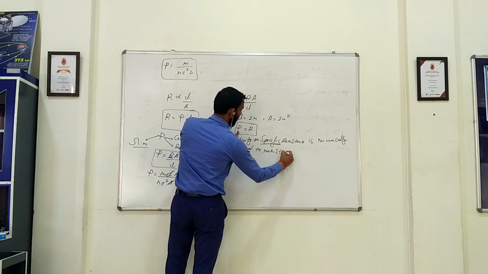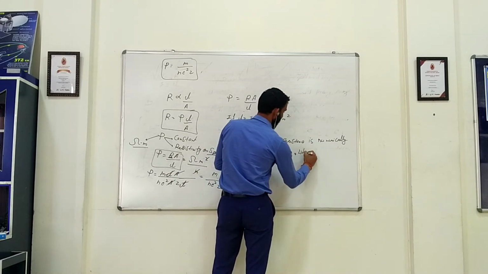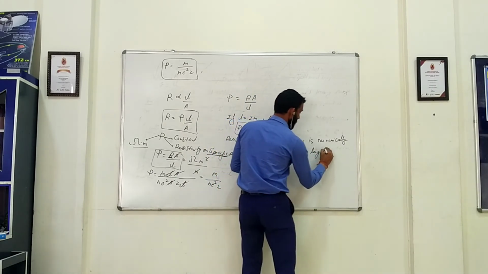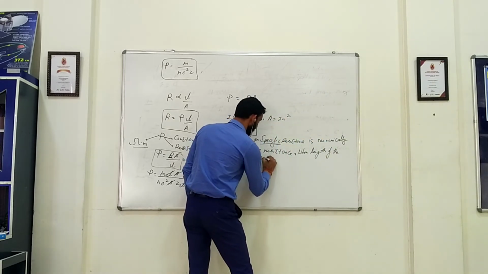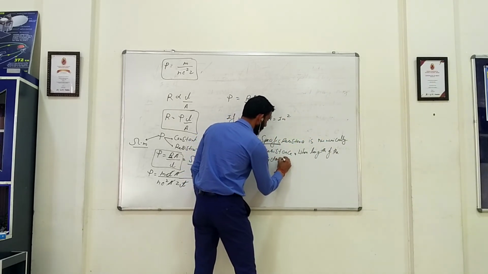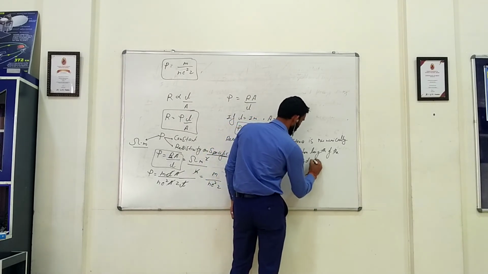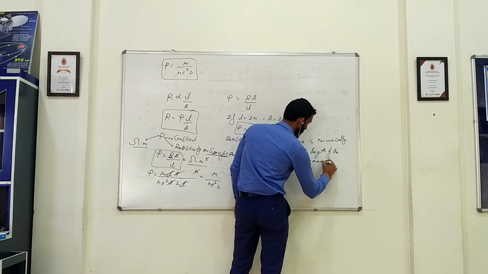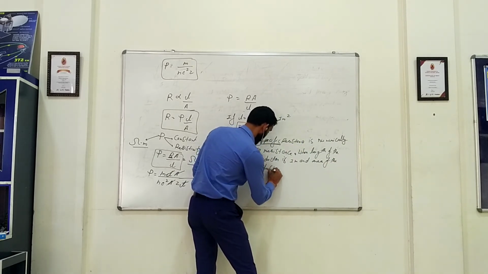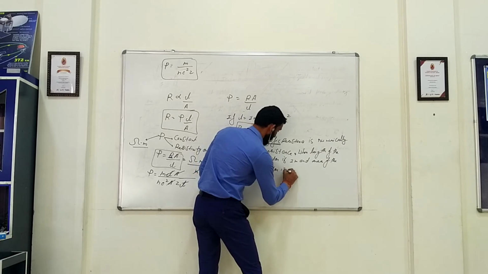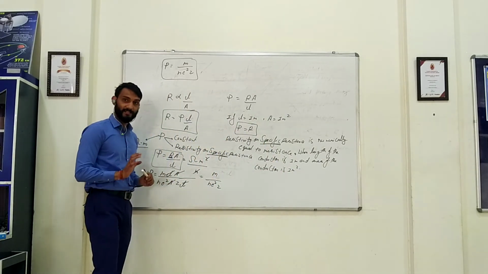So this is numerically equal to resistance when the length of the conductor is 1 meter and the area of the conductor is 1 meter square. So this is the case, right?